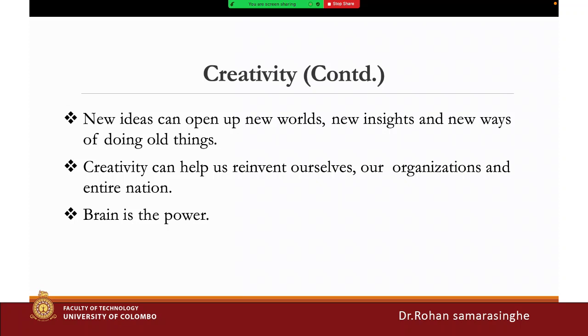So creativity can help us to reinvent ourselves, our organization and the entire nation. When you consider creativity, the brain is the power. You will have to have thinking power and think of new ways of doing things and invent things.